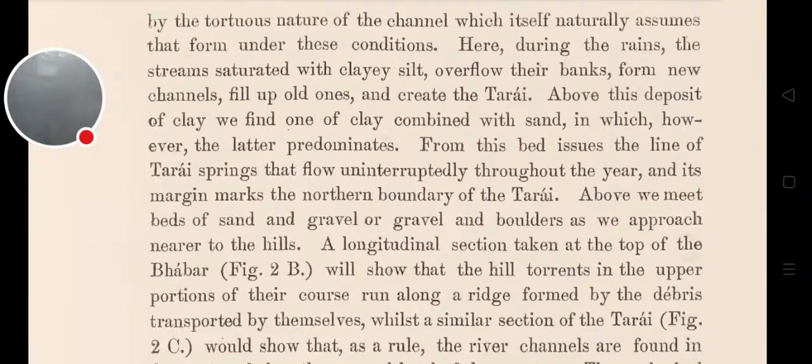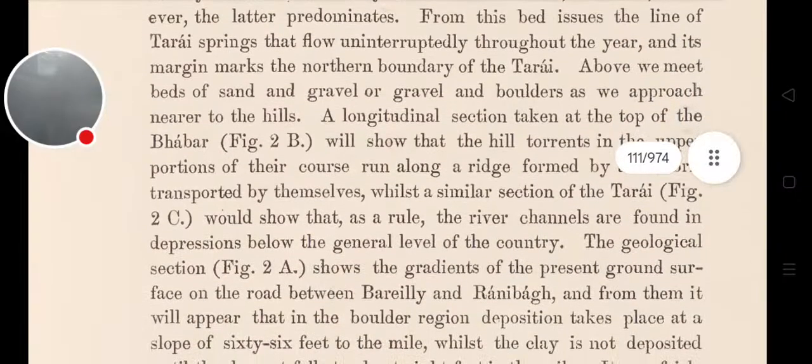Above this deposit of clay, we find one of clay combined with sand, in which, however, the latter predominates. From this bed issues the line of Tarai springs that flow uninterruptedly throughout the year, and its margin marks the northern boundary of the Tarai.